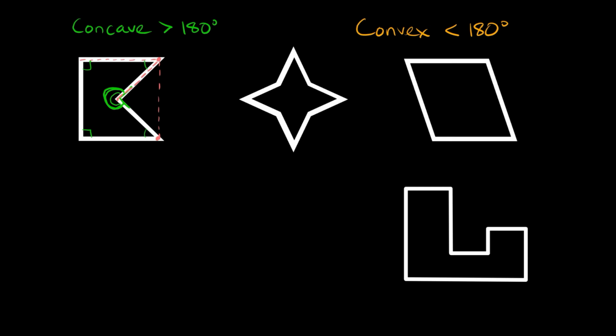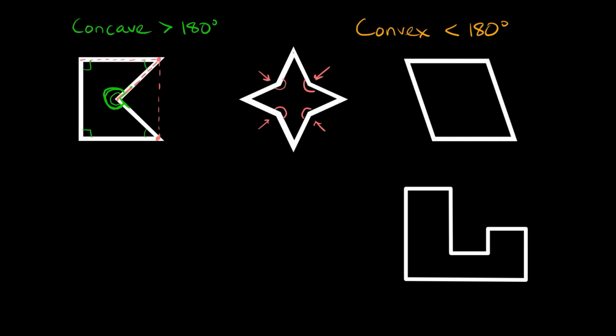Now, what about this next shape right here, this star? Is this a concave or convex polygon? Well, again, you can see that it kind of looks like it got kicked in, right? It got kicked in there and here and here. And you can also see these angles right here are greater than 180 degrees. And again, another way we can do it is by drawing those little imaginary lines.